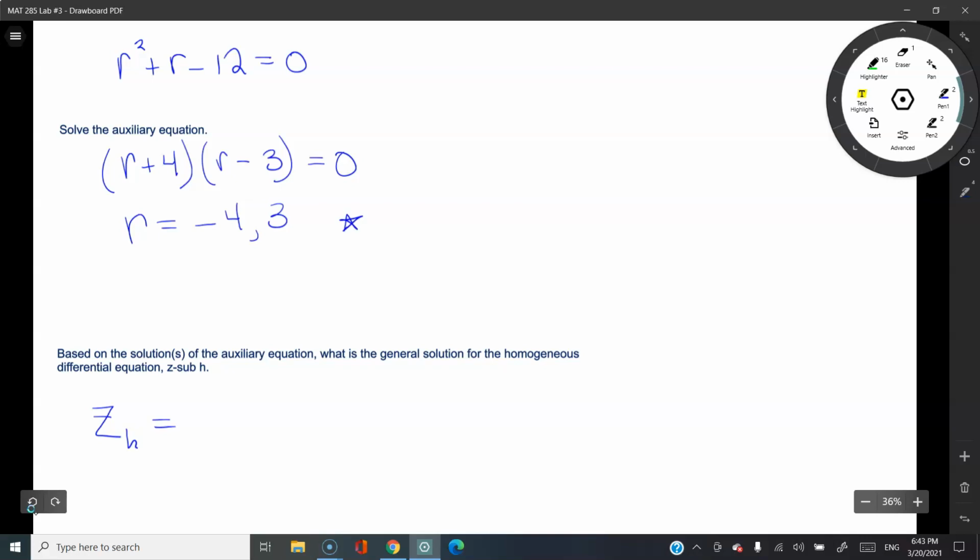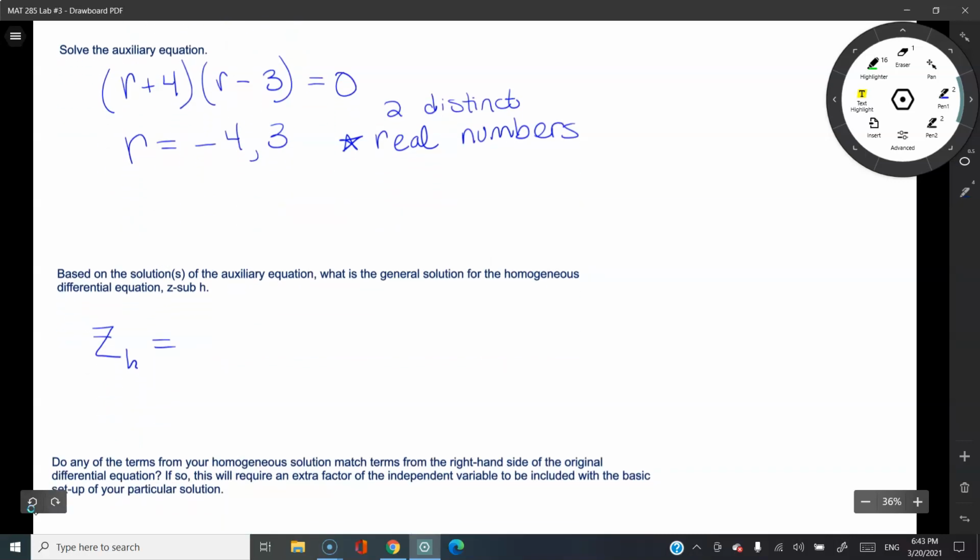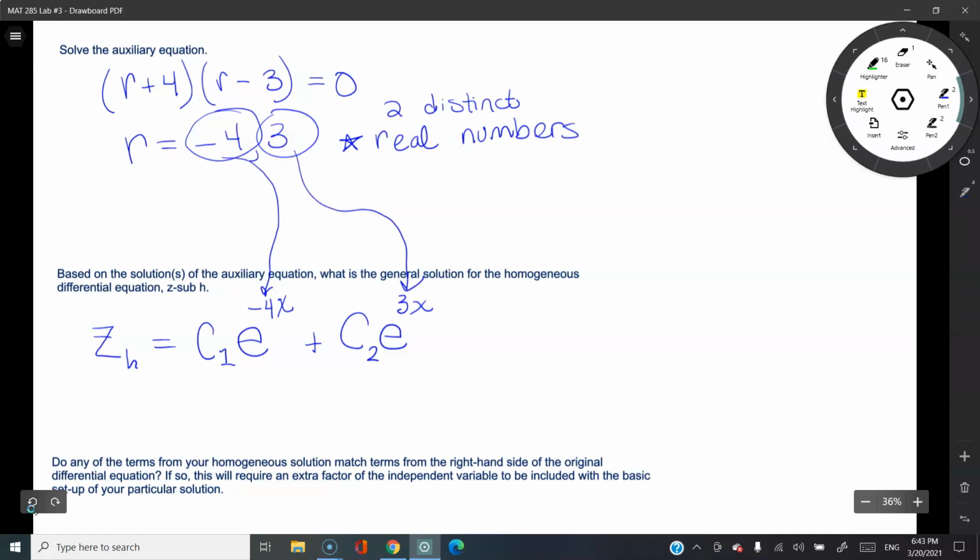Because these two roots are two distinct real numbers, they will translate to our solution as coefficients in the exponent of e. Anytime your auxiliary equation has two distinct real roots, your solution will take those values and put them into the exponent with our variable in an exponential function.